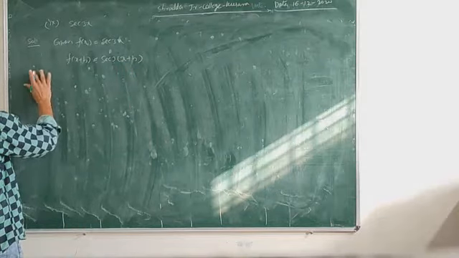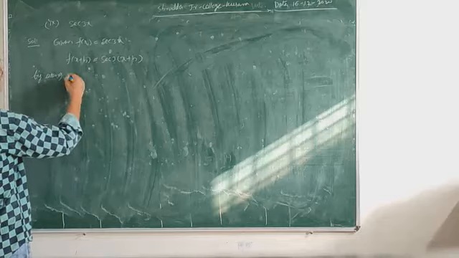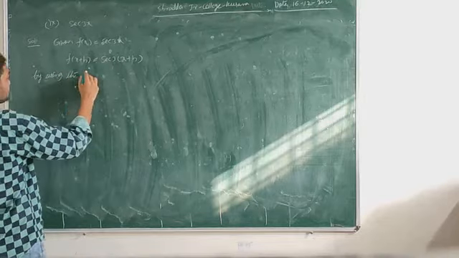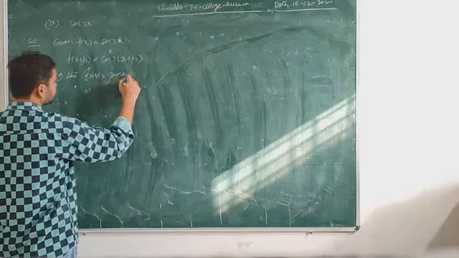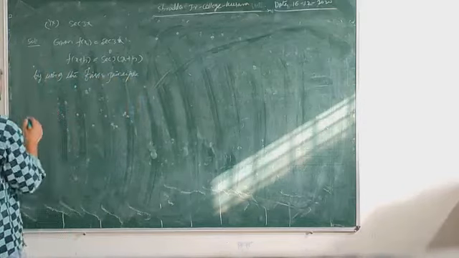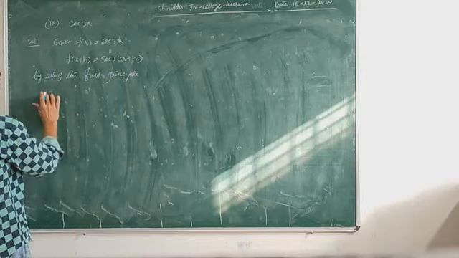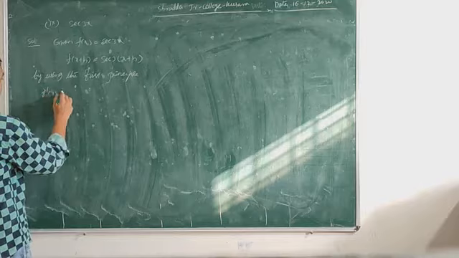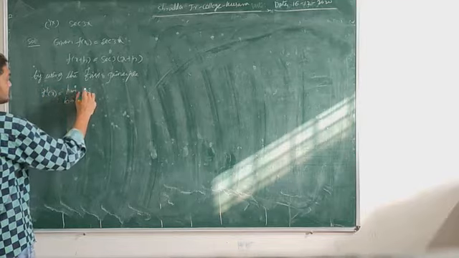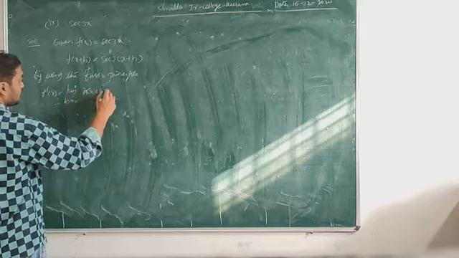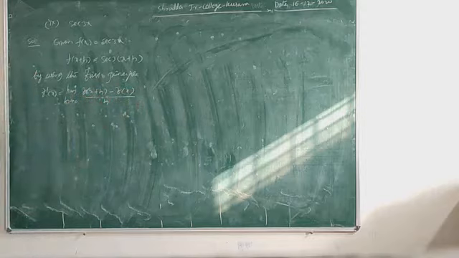Now here, by using the first principle, what is that? f dash of x equals limit h tends to 0 of f of x plus h minus f of x by h.